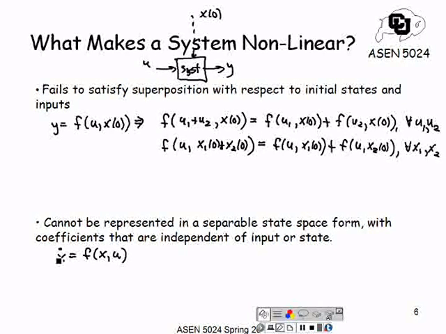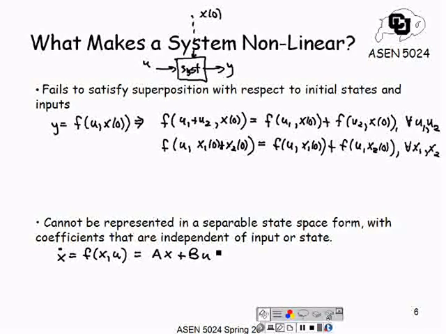So if I have a general vector field like this, if I could split this function f up into something that looks like some matrix A times x plus some matrix B times u, where A and B are constant matrices, they don't depend on x or u, then that's a linear vector field.